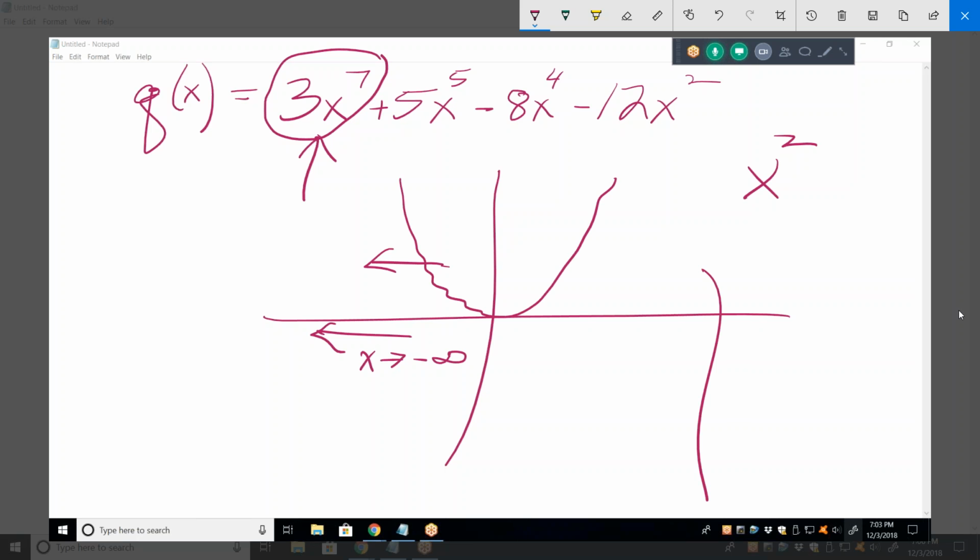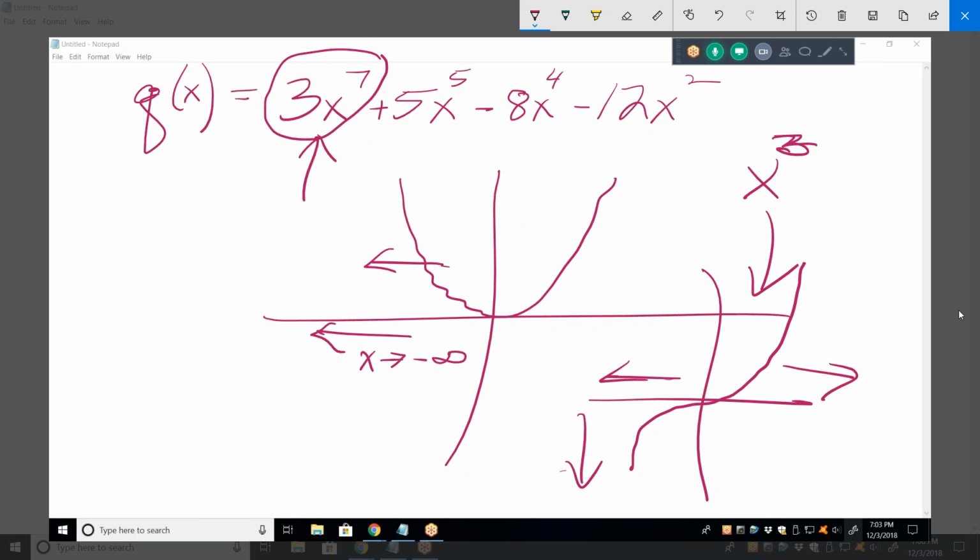But if I had a cubic, like this, now as I'm going to negative infinity, I'm going to negative infinity. And as x goes to positive infinity, f of x would go to infinity.